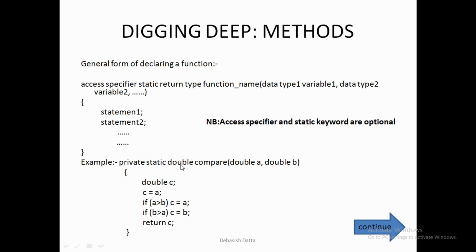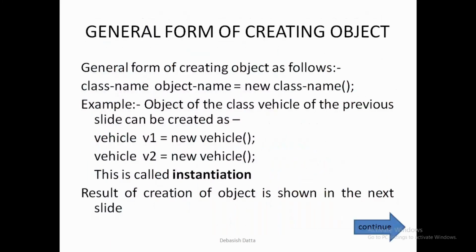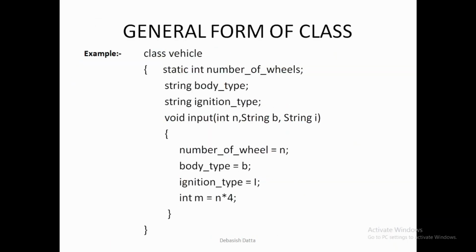We often see that whenever we declare a method, we sometimes write void. As you can see in this example, this input method is preceded with a void. This is also a return type. What void indicates is that this function is not going to return any value. I am not pressing where this value will be returned.